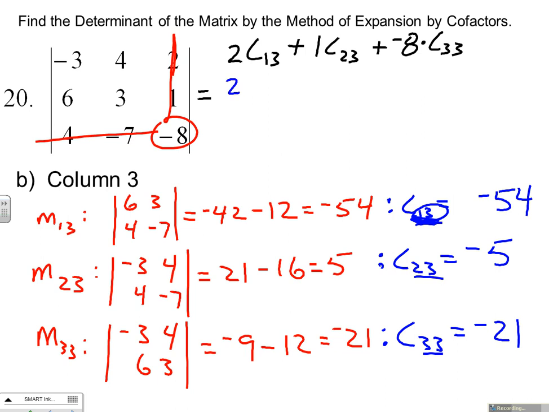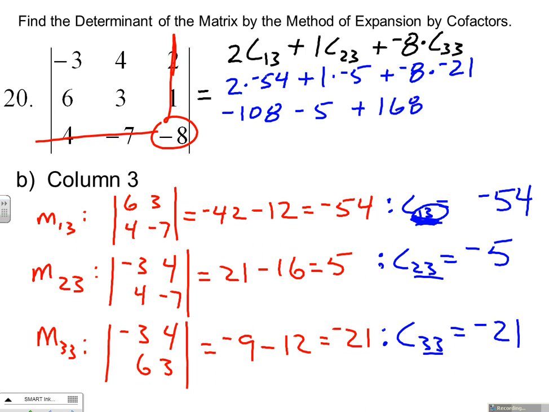So here's our moment of truth here. We get 2 times negative 54 plus 1 times cofactor 2, 3, negative 5 plus negative 8 times negative 21, making me a little bit nervous. Let's see how this works out. Negative 108 minus 5 plus 168.